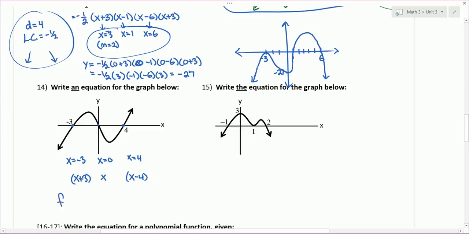So our function, put our factors side by side. Usually you start with the x in front, times x plus 3, times x minus 4. And then check the end behavior. Right side's pointed up, left side's pointed down. So we need an odd degree.